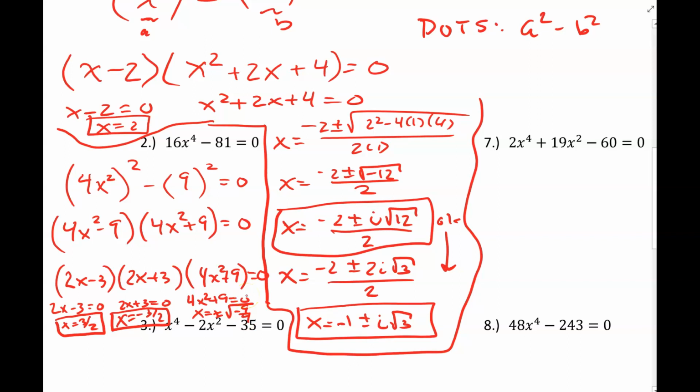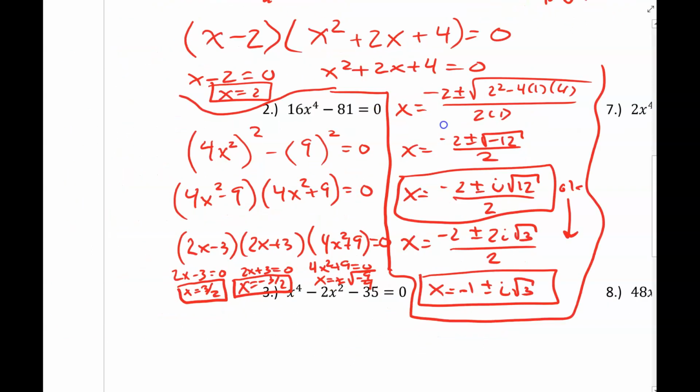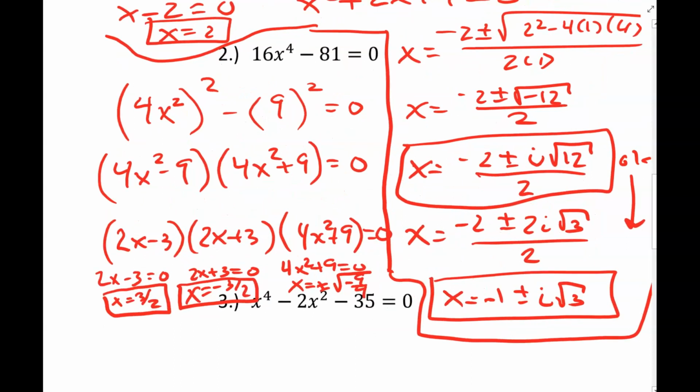So that's going to give me plus or minus the square root of negative 9 over 4. I'm limited on how much space I have here because the other problem took so much space. It's plus or minus the square root of negative 9 over 4. Can we do more with that?